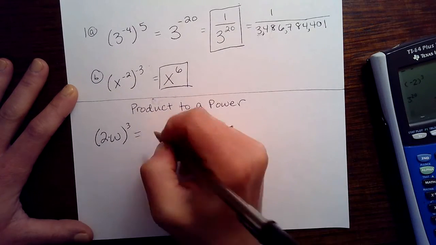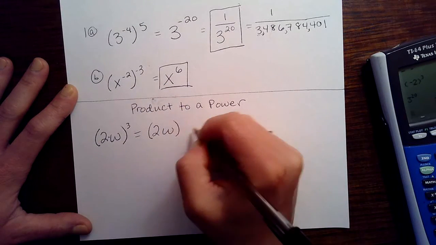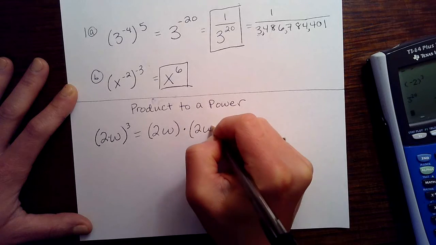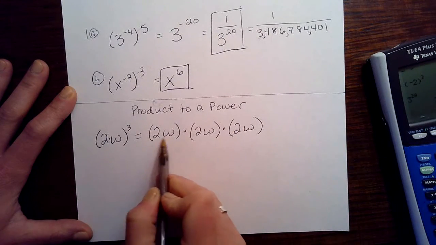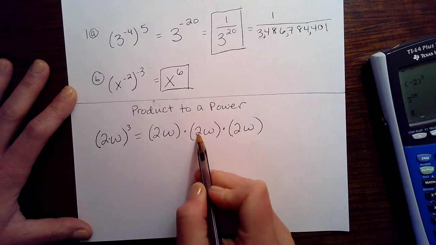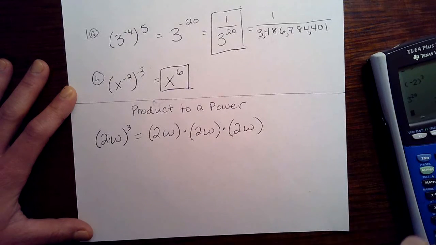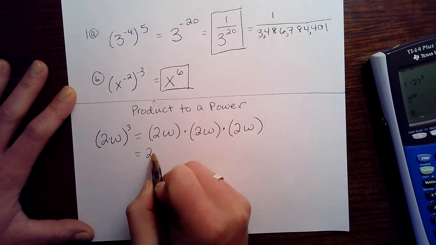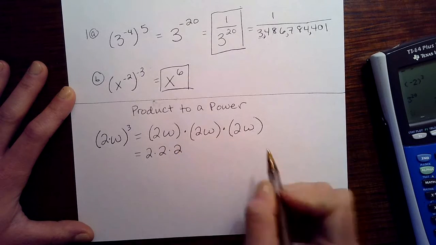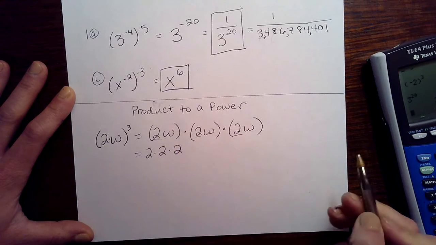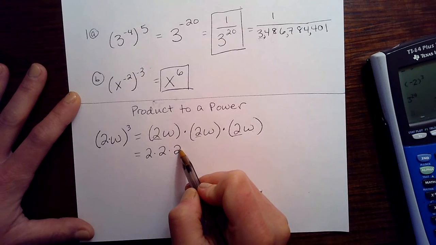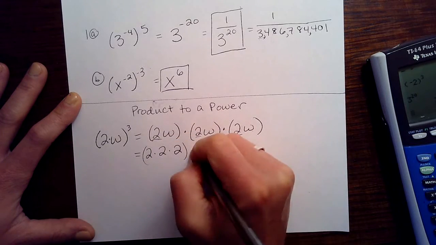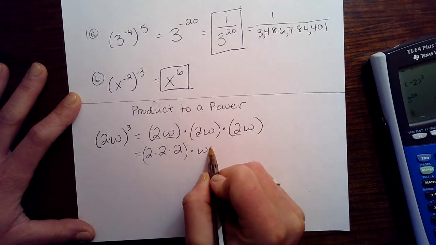Again, this would be the same as taking 2 times w times 2 times w times 2 times w. We take this product, 2w, times itself 3 times. And if we were to rearrange this, we could write this as 2 times 2 times 2. Remember that my property of multiplication says that I can rearrange this. And w times w times w.